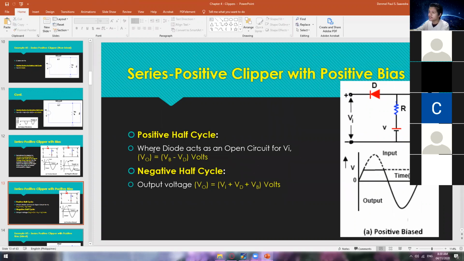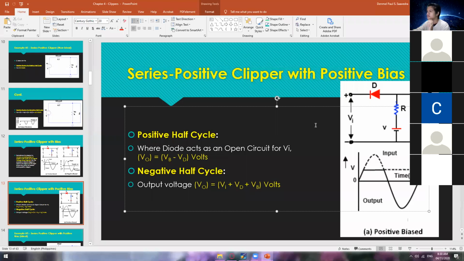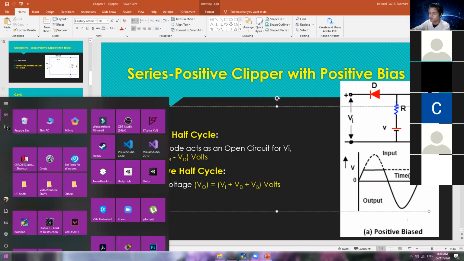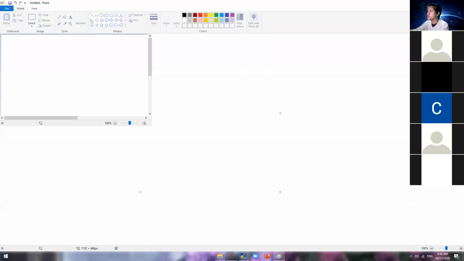If we are in the positive half cycle, the positive is connected to the N type, and the P type is connected to the N type, and as a result this diode will become reverse biased. So what about the bias voltage? I think I have to show you the step-by-step figure.